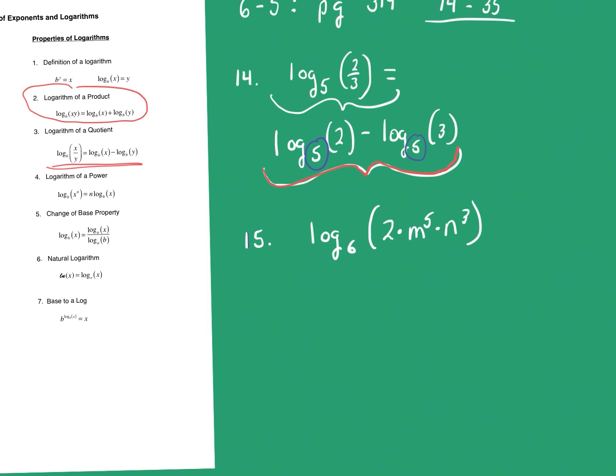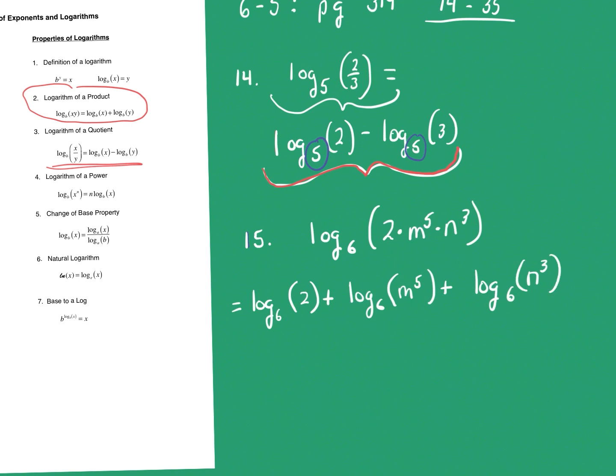So this is the same thing as saying log 6 of 2 plus log 6 of m to the 5th plus log 6 of n to the 3rd.